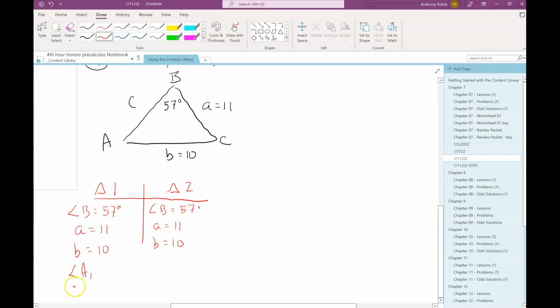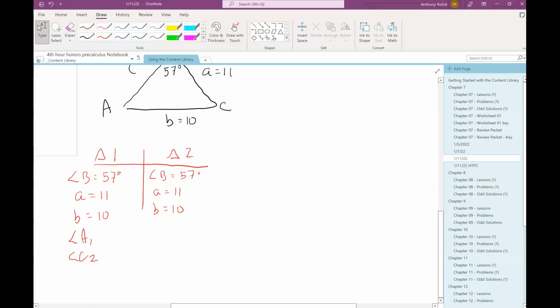And in triangle 1 and triangle 2, we're going to have to be finding angle A, side C, and angle C. And likewise, we're going to be finding those in triangle 2 as well. To differentiate between those two, I'm going to use subscripts to indicate what triangle I'm finding that angle in.